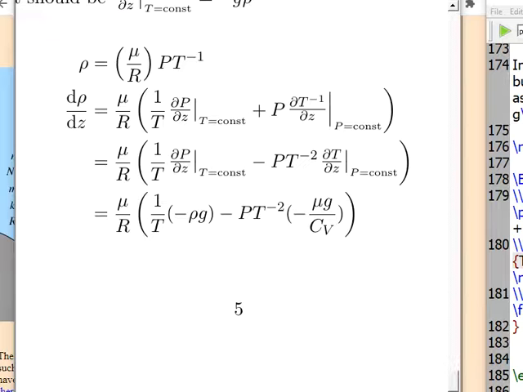Okay, so here is the description that I've just talked my way through. I want to check for any errors in math or logic. So we got density is equal to mu over R times, or is that mu over R? Yeah, it looks weird.